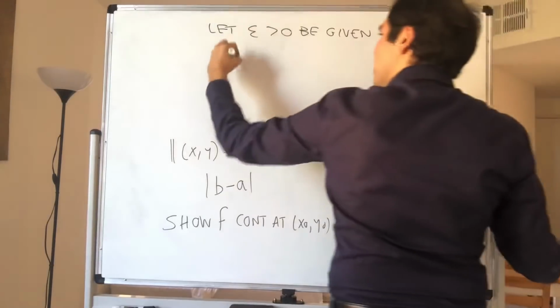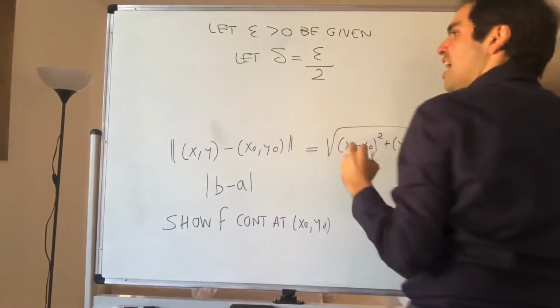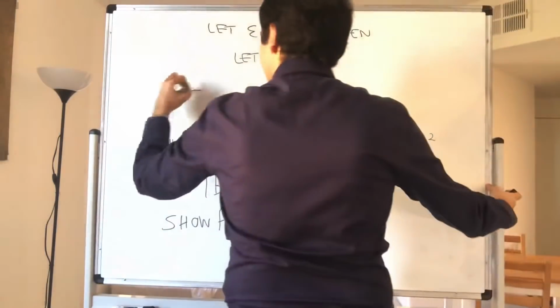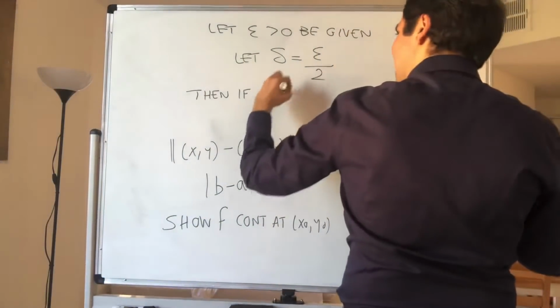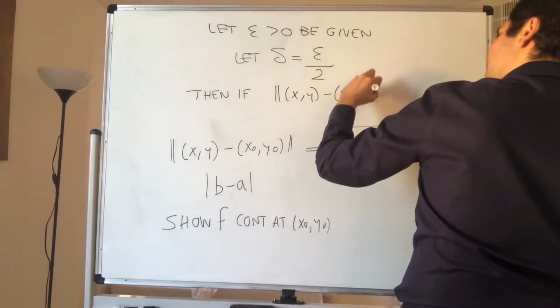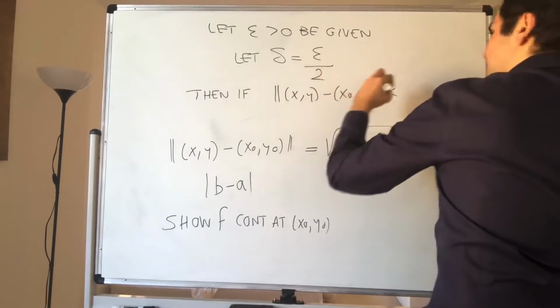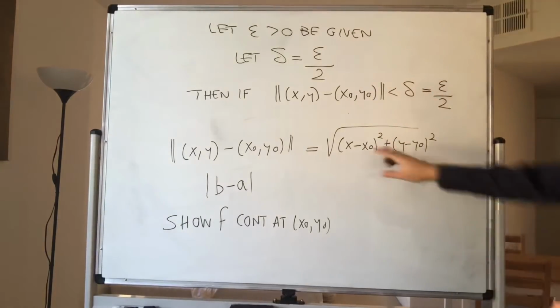And let delta be epsilon over 2. And you'll see why, because we'll have 2 pieces. Then, if the distance between (x, y) and (x0, y0) is less than delta, which again is epsilon over 2, then notice the following.